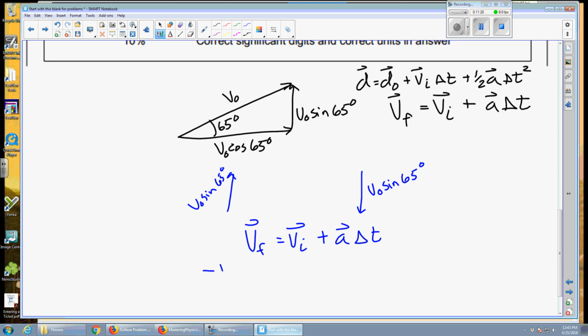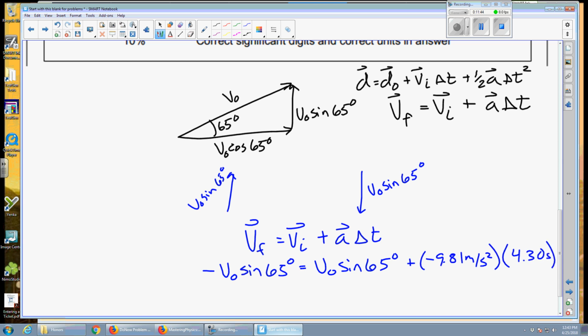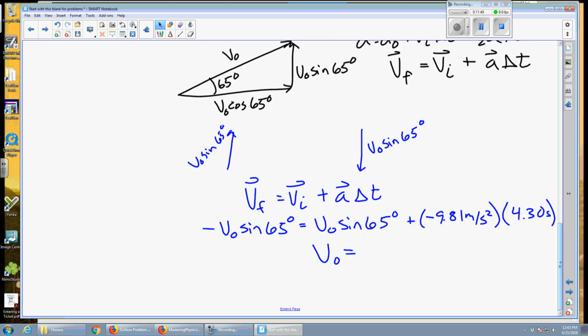So I have negative v naught sine 65 degrees equals v naught sine 65 degrees, because taking up is positive, plus negative 9.81 meters per second squared, because I know it's a projectile, times 4.30 seconds. And all I have to do there is solve for v naught. And there was much rejoicing.